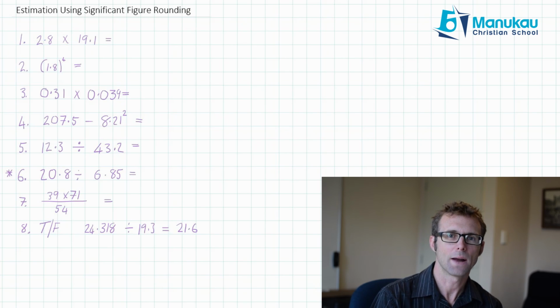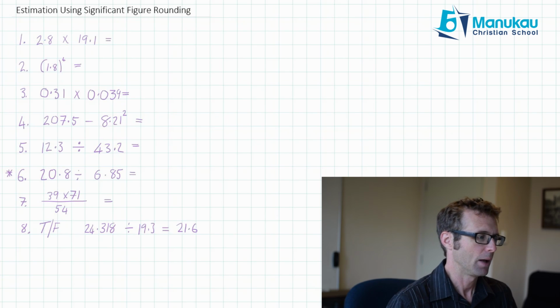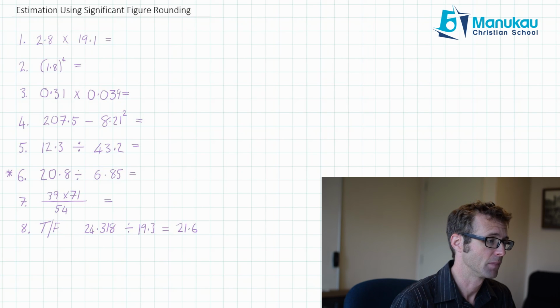So here's one way of doing it. We can use significant figures. So let's have a look at these examples that I've got for us here. We've got 2.8 multiplied by 19.1, and what we can do is change this to one significant figure. So our 2.8 becomes 3, and our 19.1 to one significant figure becomes 20.